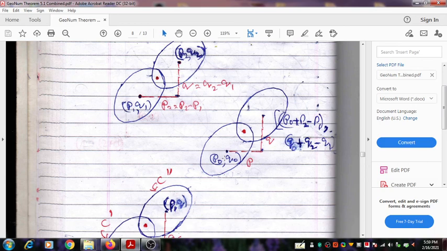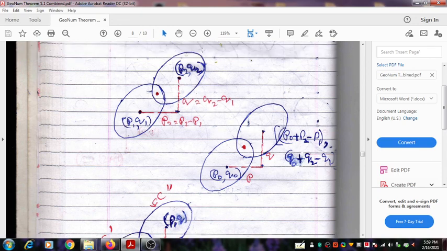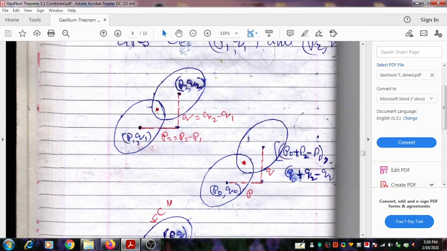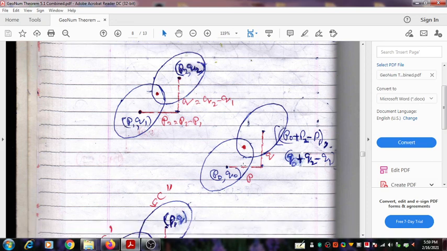Assume that p0, q0 is the center of the new translate. These two translates share some point, we know that. Based on this assumption, you can consider another translate, the third translate.